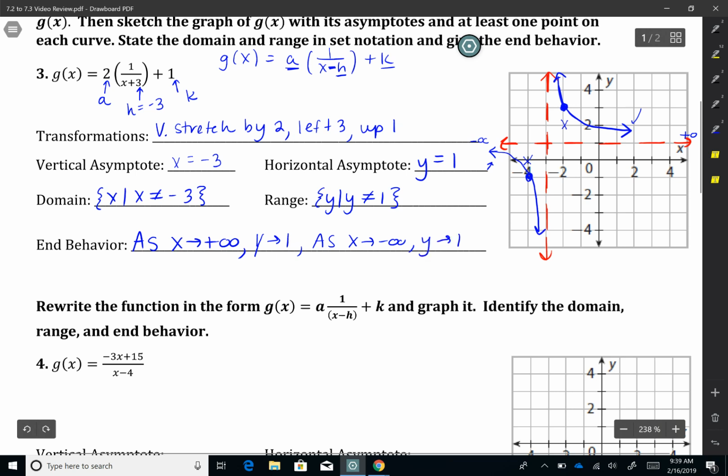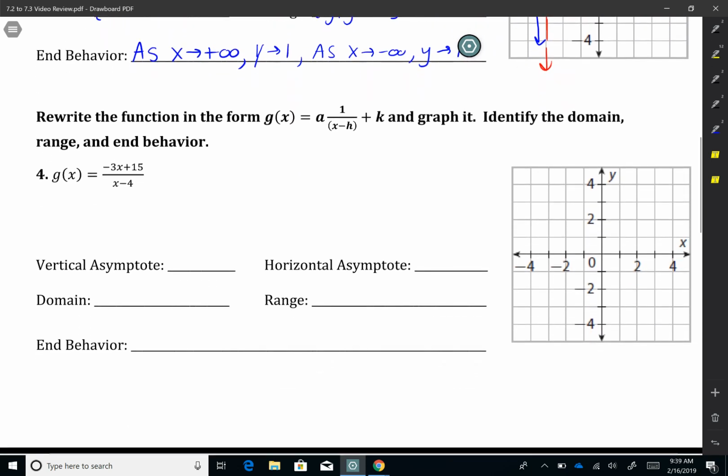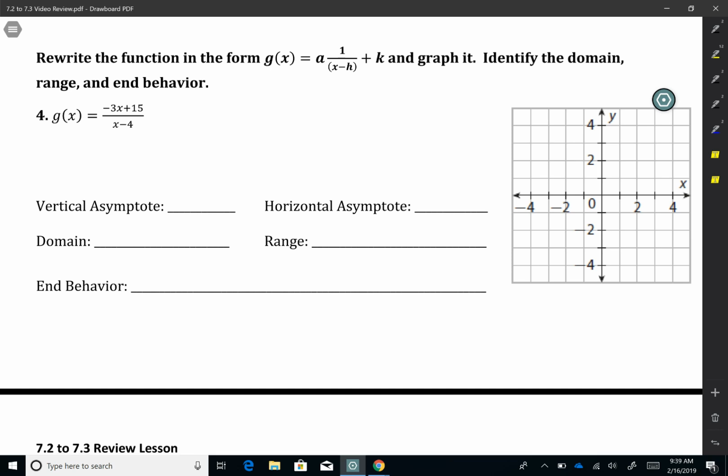Okay, so I'm going to go a little more quickly when I graph the next one. But before I graph this next one, this is one of those that we have to use long division to rewrite the function in transformation form. Okay, so g of x equals (-3x plus 15) divided by (x minus 4).